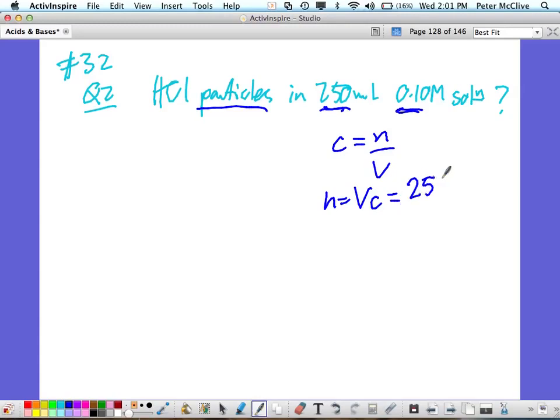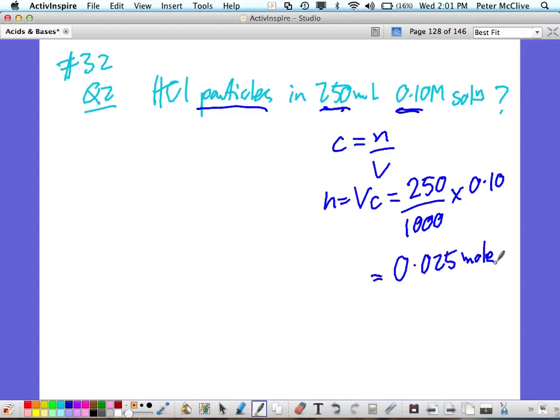So we need volume in litres. If it's in mL, we divide by 1,000. And concentration just in molar, or moles per litre, which it is, 0.1. So we work that out: 250 on 1,000 multiplied by 0.1, and we get 0.025 moles.